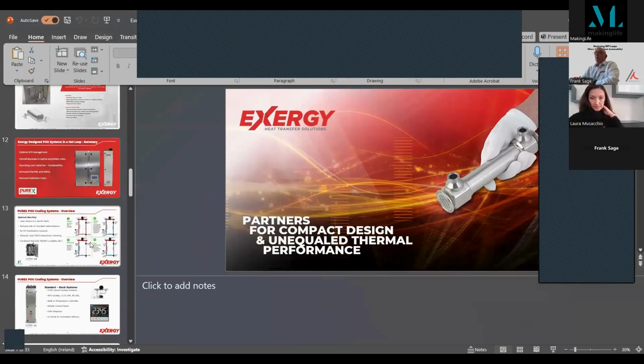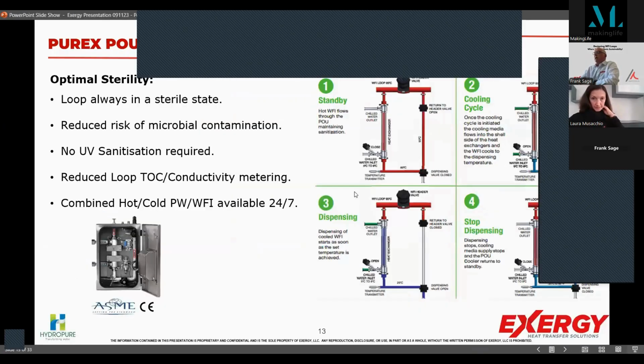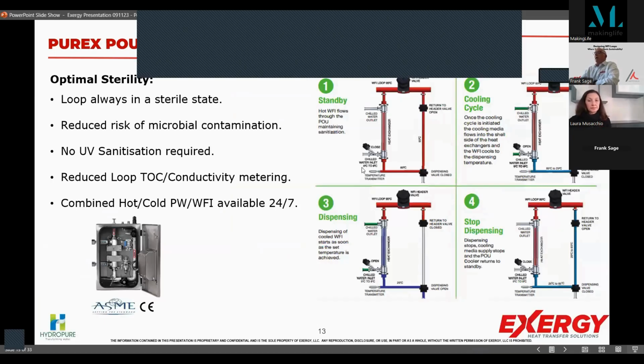Okay, so to highlight the working principle here, what we have is a subloop design. Exergy manufacture the most compact shell and tube heat exchangers on the market, and that enables us to create a very compact subloop within a cabinet. You can see a small illustration here, but this is the principle.